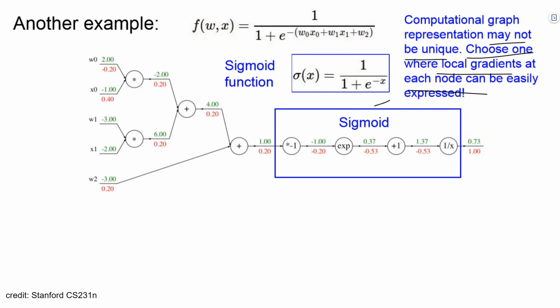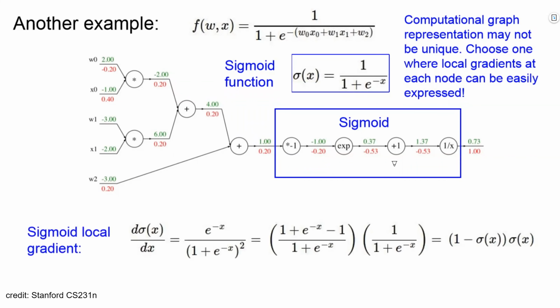And this is the sigmoid function, this part. And we know that the derivative of sigmoid is 1 minus sigmoid times sigmoid. So here, the input is 1, then we can just calculate the sigmoid value and put the values here. Then we can easily calculate the gradient.